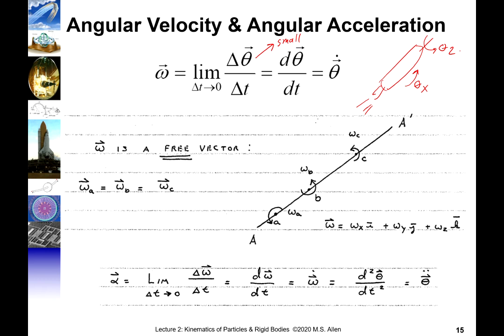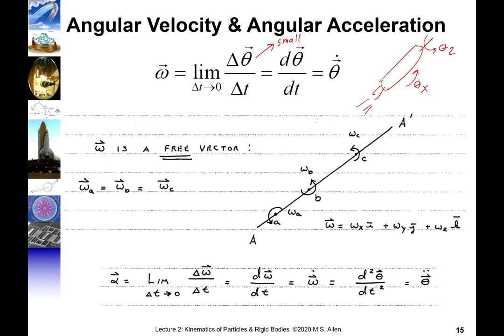Another thing I want to review that's important is that omega is a free vector. That is, if we calculate the rotation rate about point A, B, or C for this body, they're all going to be the same. The angular velocity isn't a function of the point about which you define it. And so we'll do this for various problems.